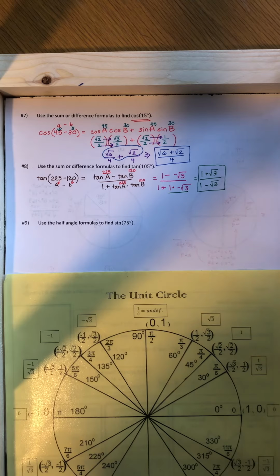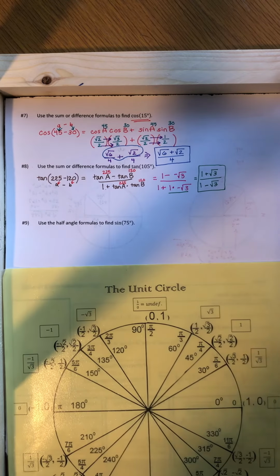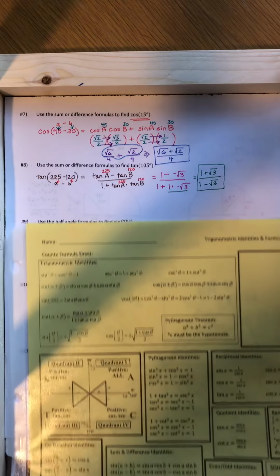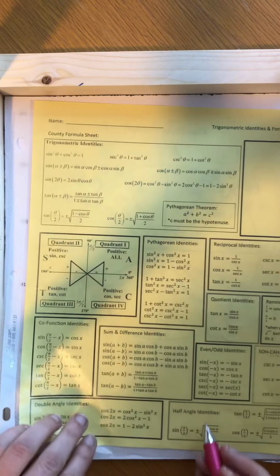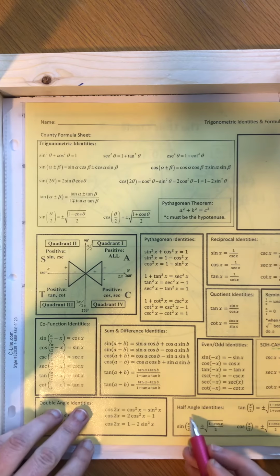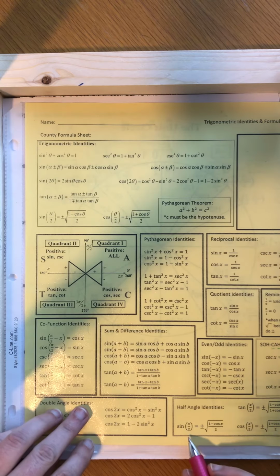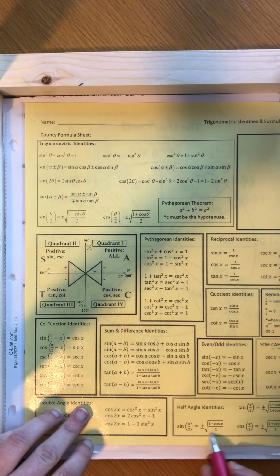Now we need to use the half angle formula to find the sine of 75. So half angle identities are in the bottom right hand corner of your formula sheet. So I'm going to write down the formula.